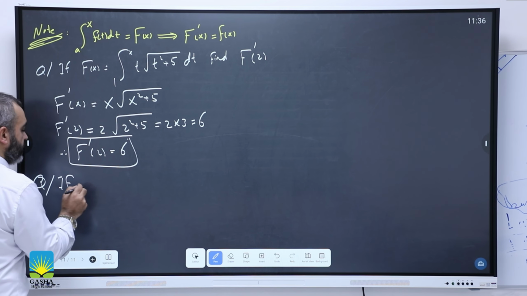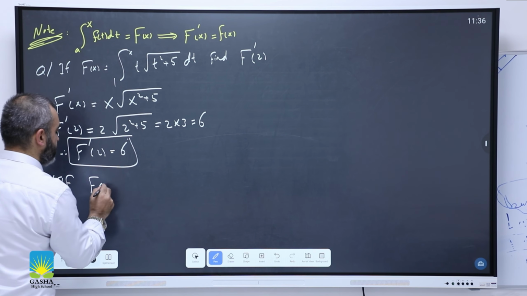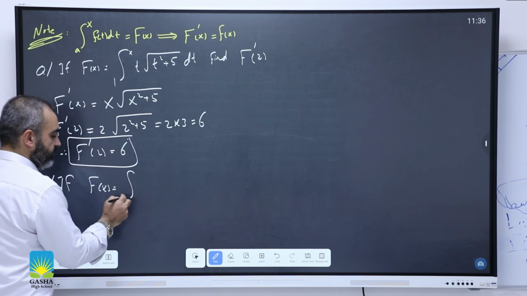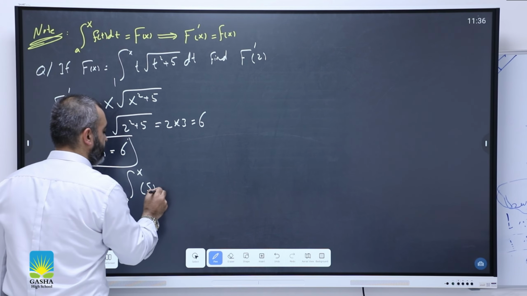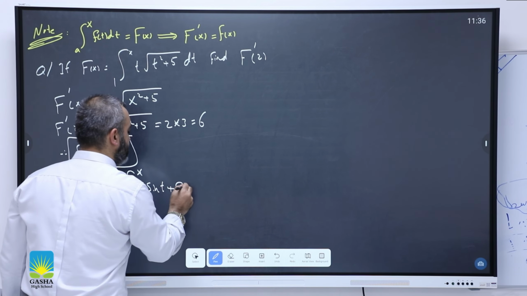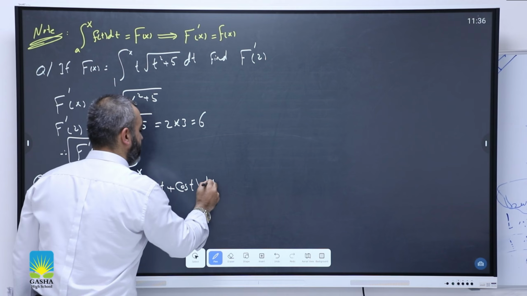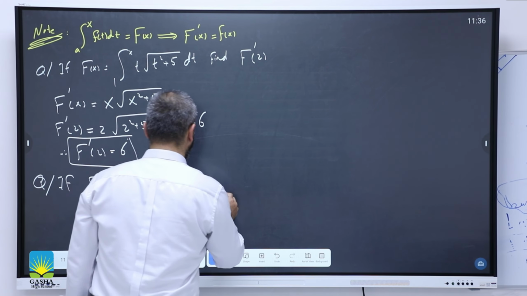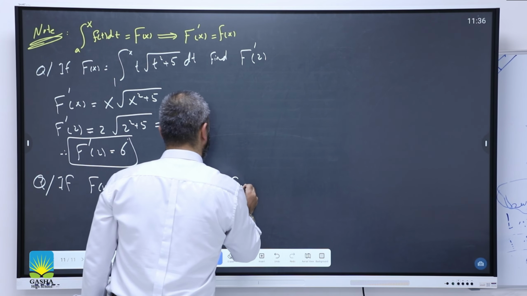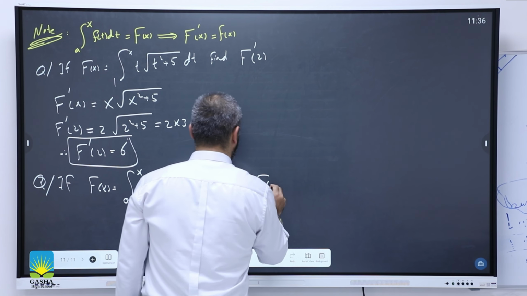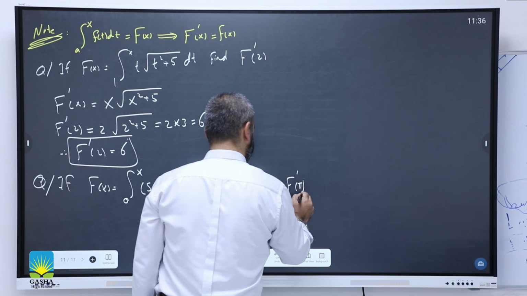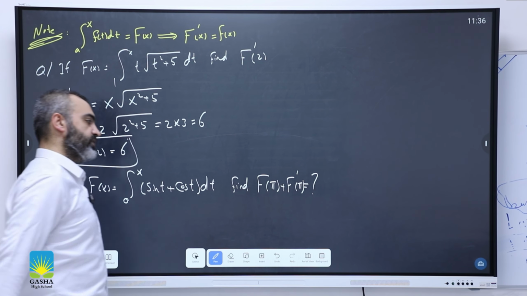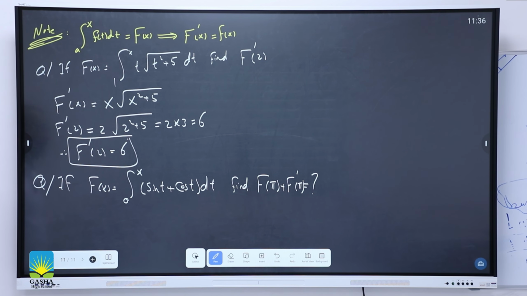If f of x equal to the integral from 0 to x of sine t plus cosine t dt, find f of pi plus f prime of pi, right? F of pi plus f prime of pi.